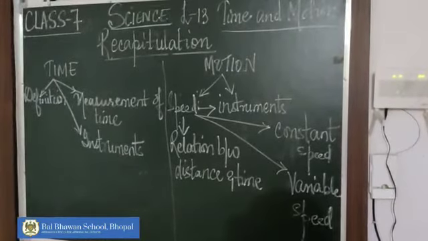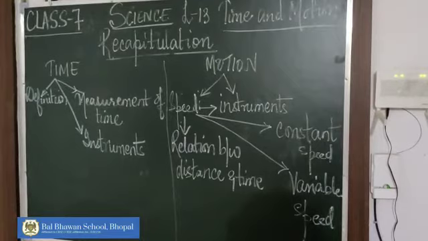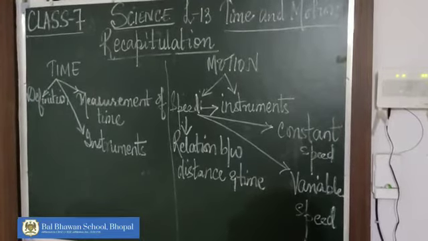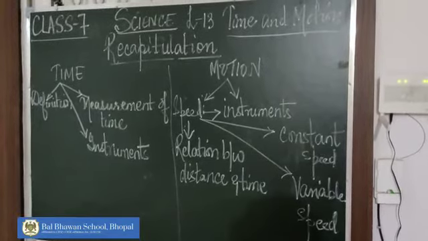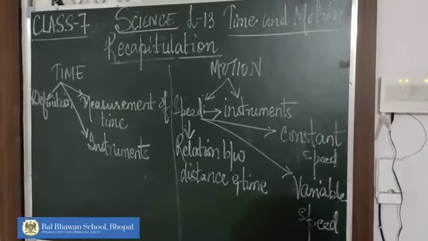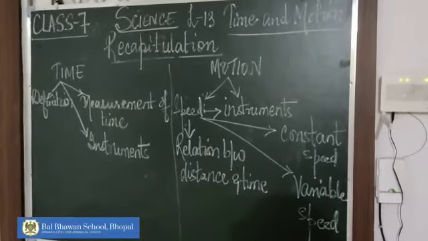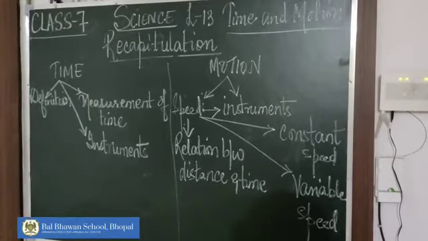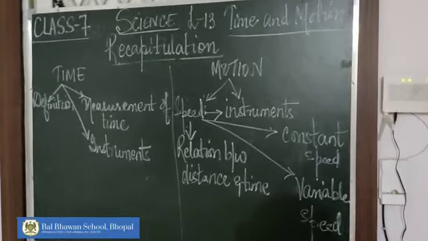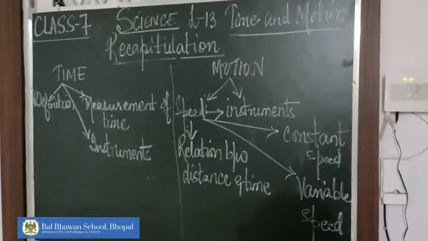So here we know that there is a relationship between distance and time. Distance means what? Length. We have done length. How do we measure length? And you know the SI unit of length also. The SI unit of length is meters. And what is the SI unit of time? Seconds.